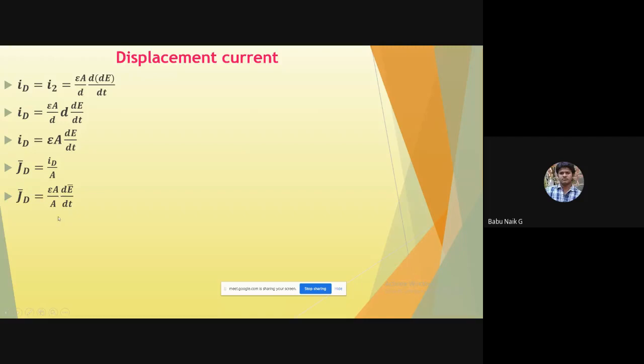The area is constant, so we can write the displacement current density as d into epsilon E bar by dt, which is nothing but d into D bar by dt. This is the main thing about displacement current.